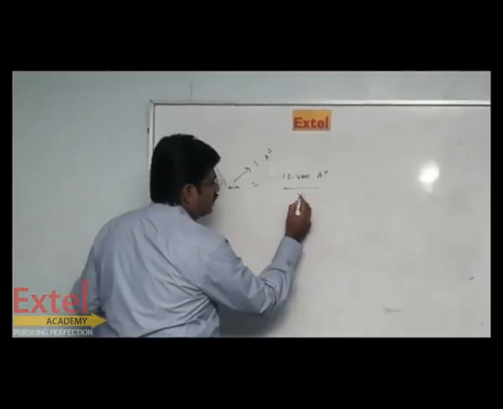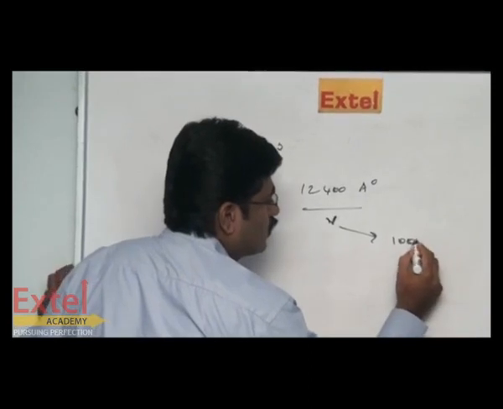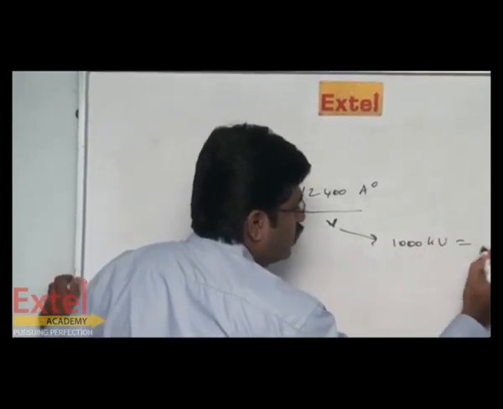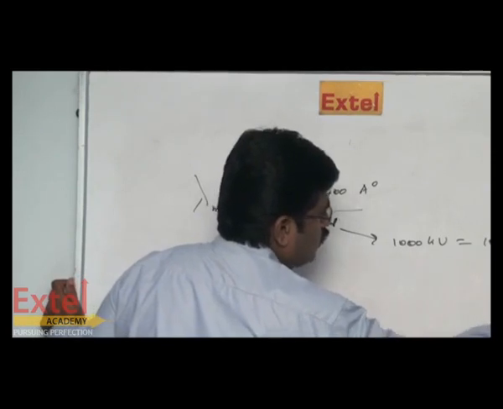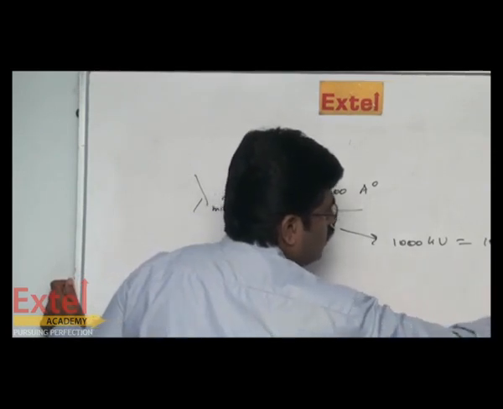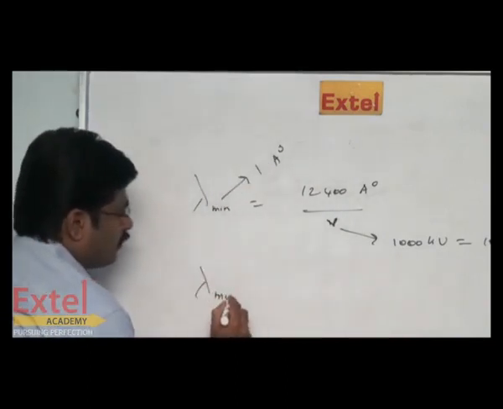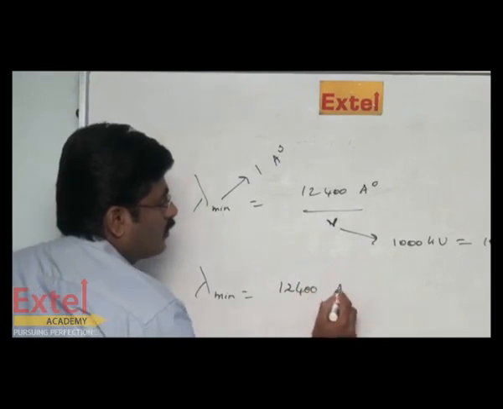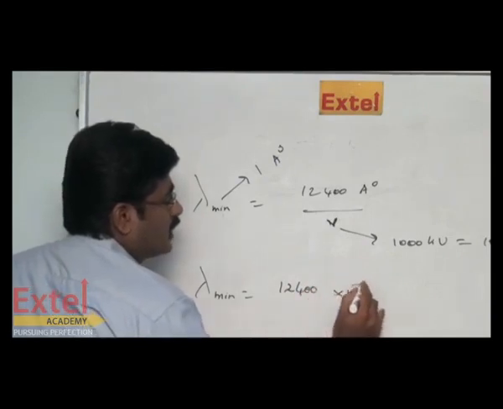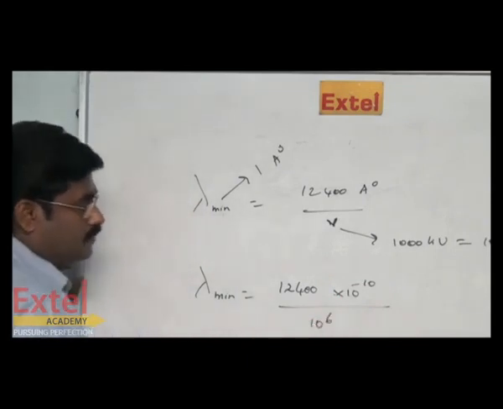So this voltage is equal to 1000 kV, which is 1000 into 1000 volt, equal to 10 to the power 6 volt. So lambda minimum is 12,400 into 10 to the power minus 10 by 10 to the power 6.